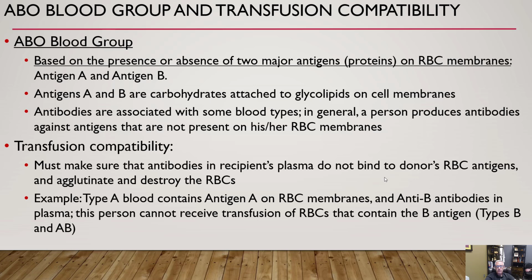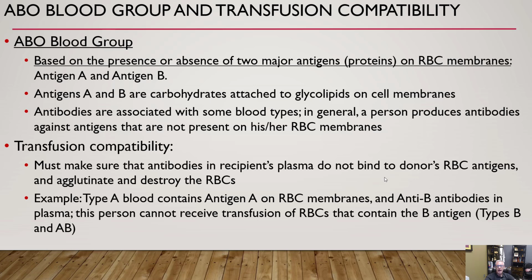So for an example, let's say that you have type A blood. You're going to have antigen A on your red blood cells. Now this is the confusing part. If you have type A blood, you're going to have these things called anti-B antibodies in your plasma.